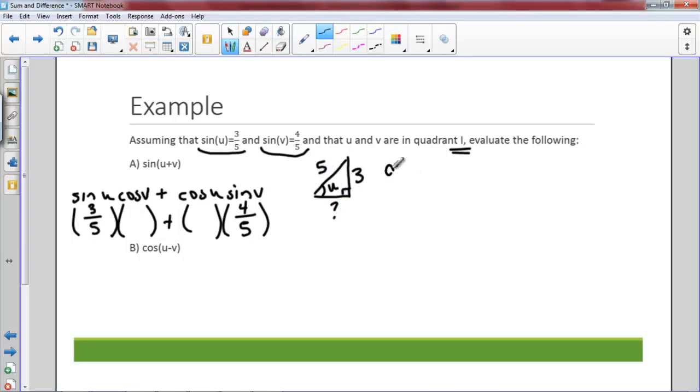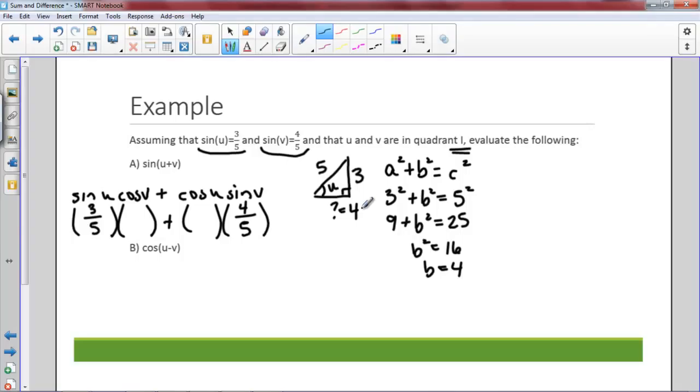I can use a squared plus b squared equals c squared. A we know is 3, b is what we're trying to find out, and our hypotenuse is 5. 9 plus b squared equals 25. B squared equals 16, and we get b equals 4. So now we know that this side is 4.